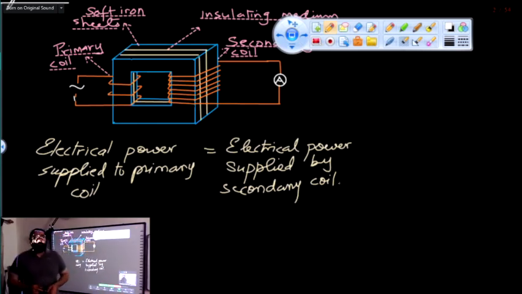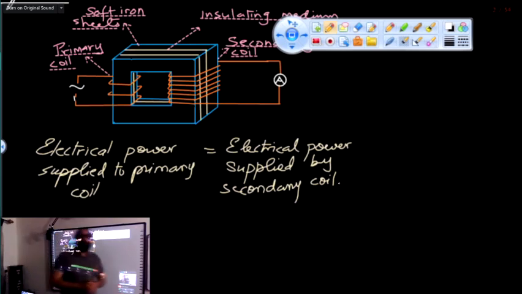Work done per unit charge. When I'm talking about work done per unit charge, I'm talking about energy, because work can only be done if we have energy. So potential difference is work done over charge, it's electrical energy over charge. The more work we are doing, the more electrical energy is converted to other forms of energy. Now, when I say that the potential difference in the primary coil is less than the potential difference in the secondary coil, in one way, I'm indicating that I'm creating energy.